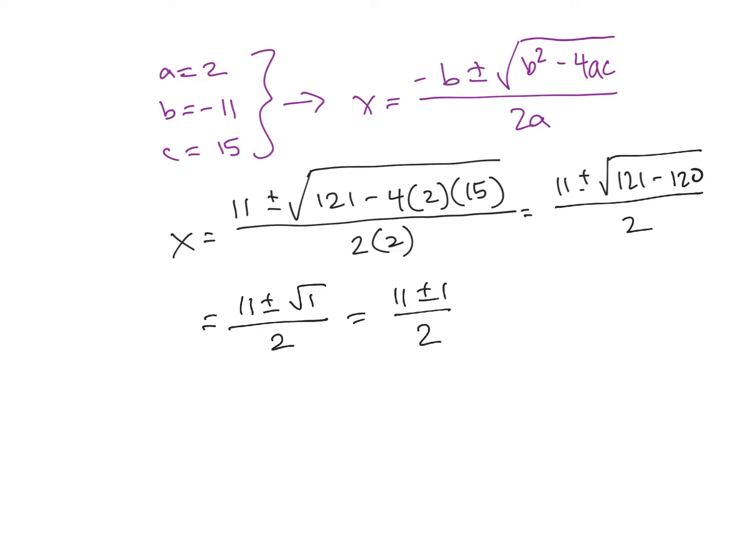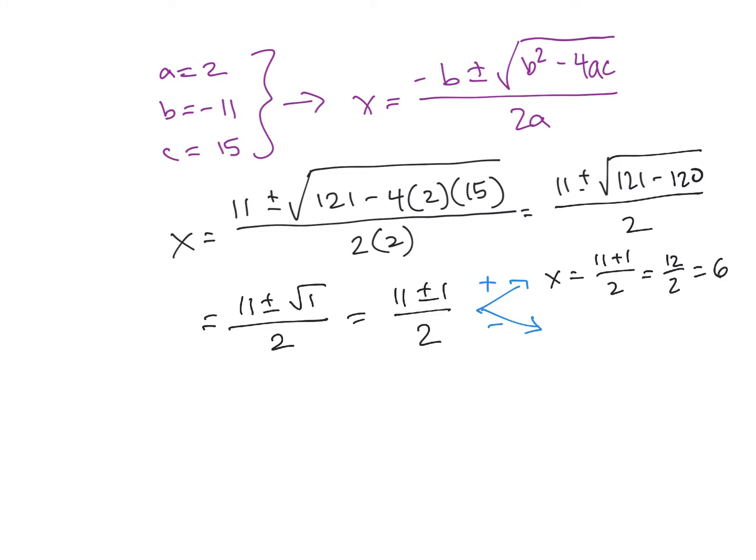As a fraction, it doesn't look like I can simplify that, but if I consider the plus and the minus separately, that is arithmetic that's going to simplify. So I get that x equals, up top, 11 plus 1 divided by 2. 11 plus 1 is 12. 12 divided by 2 is 6.